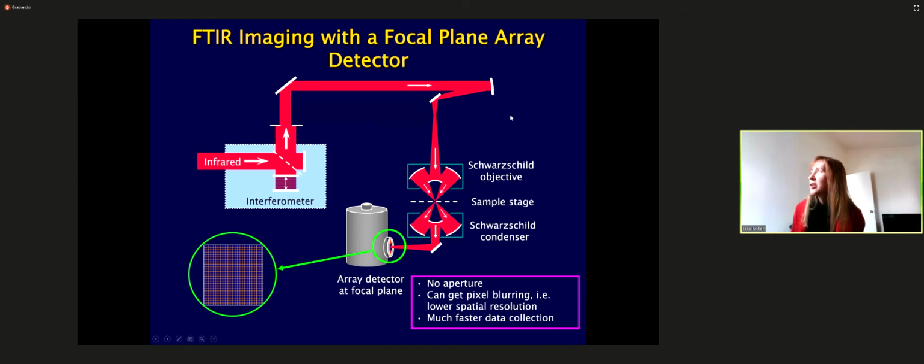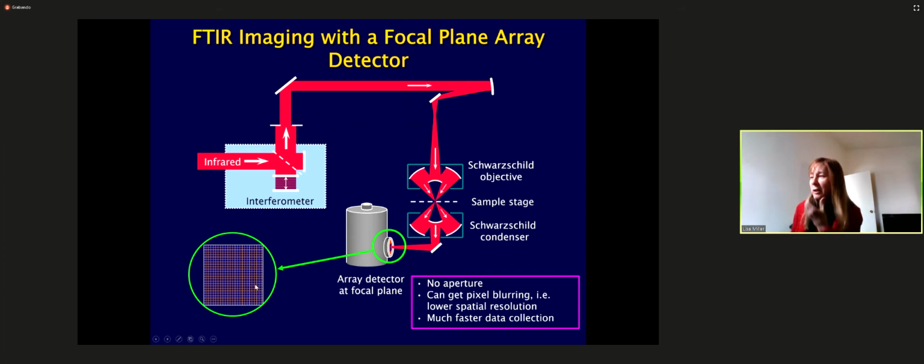So the one I just showed you had a focal plane array detector on it, where you take the infrared light and you shine it down onto your sample and you recondense it. But in this particular case, you put a big beam down onto your sample and you actually use the detector pixels in order to resolve the image.